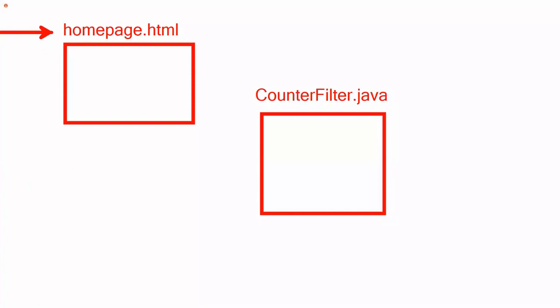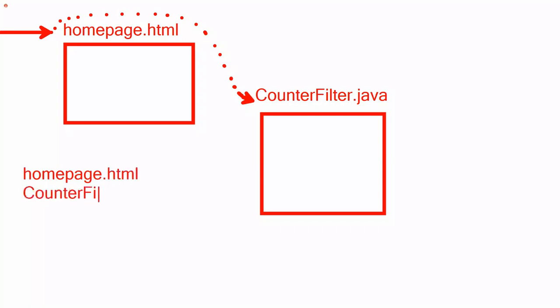This control we have to divert to this control. It is dynamic dispatching. Control is diverted to counter filter. This code, where do we have to write? In web.xml. So what will we do? Homepage.html, then counter filter. Like this, I will divert the control.